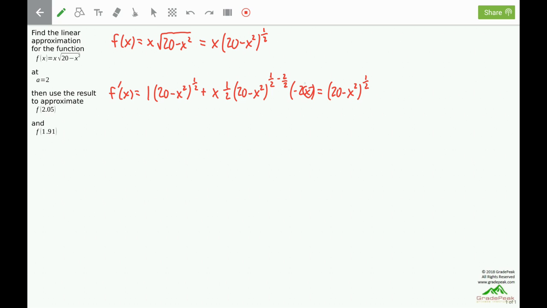And then the x can multiply with the x. Everything's multiplied here, so the order can be moved around. And overall, this will give negative x squared, and then times 20 minus x squared to the 1 minus 2, negative 1/2 power.